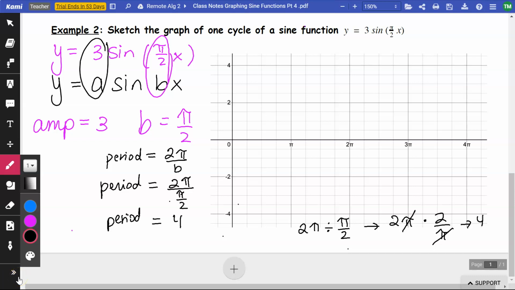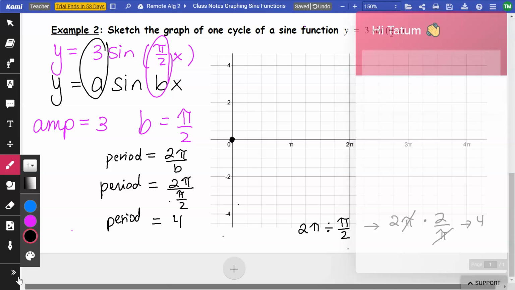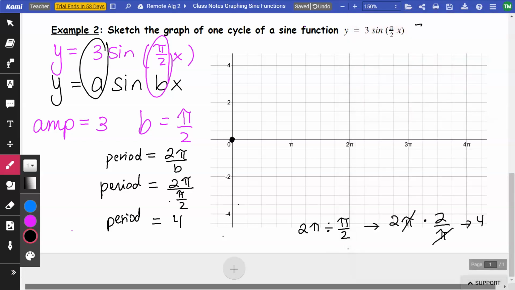So what we have to figure out is, where is 4 on this graph when we're counting by pi? So our first point still happens at 0. Remember, we're looking for those key points. Here we go. 0, a max, a 0, a min, and then another 0.